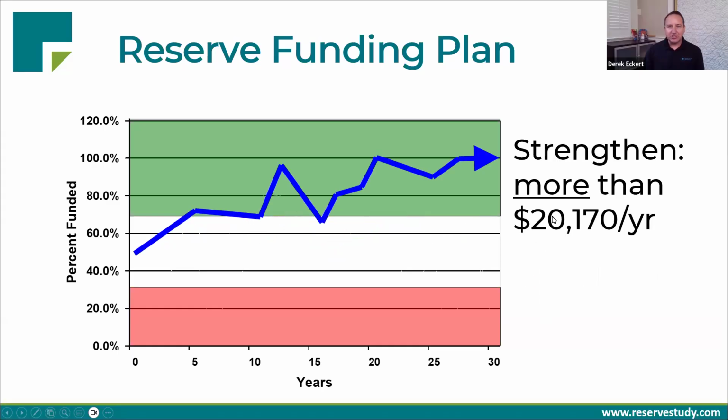But if you're able to contribute more than the $20,170 per year, you're going to exceed the baseline, and you're going to make up for being 55% funded, and you're going to have a trajectory of essentially building your reserve funds up towards that 100% theoretical ideal funding level over a 30-year duration.